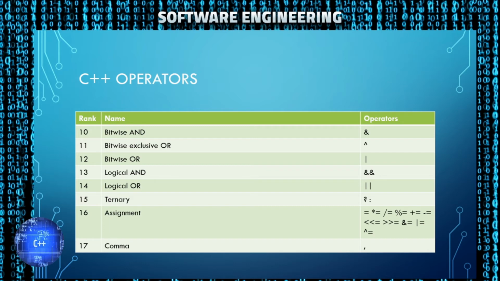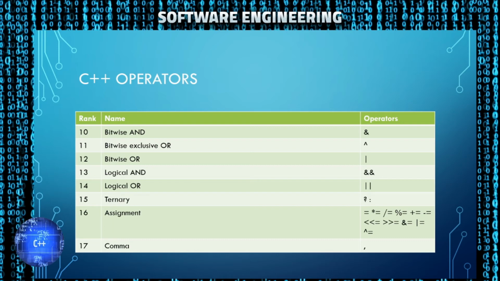Bitwise exclusive OR takes all the bits that are different between both operands. And bitwise OR takes all the ones. So the difference between OR and AND is that AND requires that both operands have a 1, while OR takes either of them. So if either of the operands has a 1, the resulting output is going to be a 1.